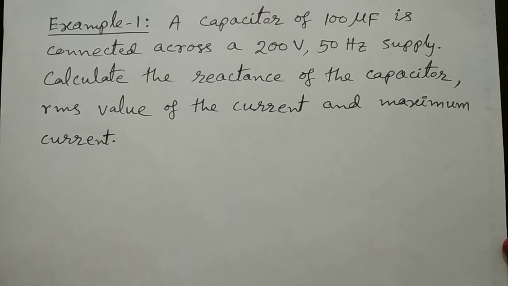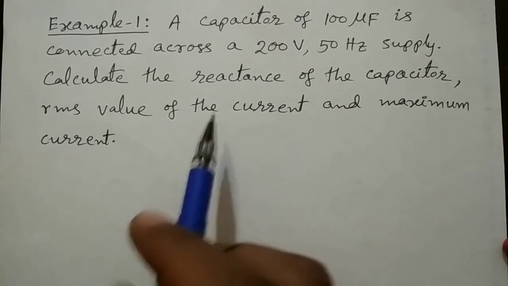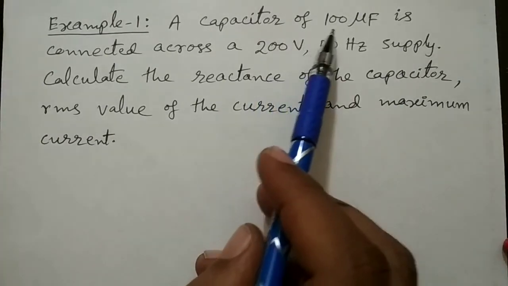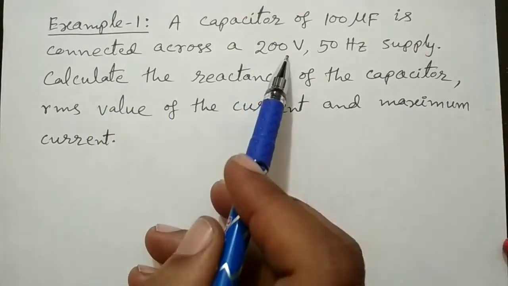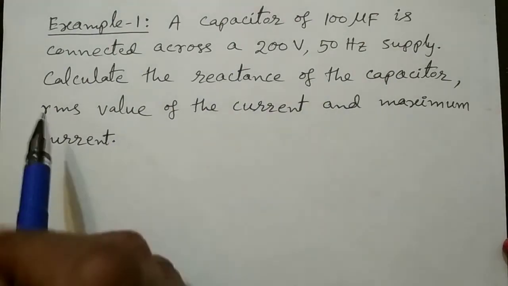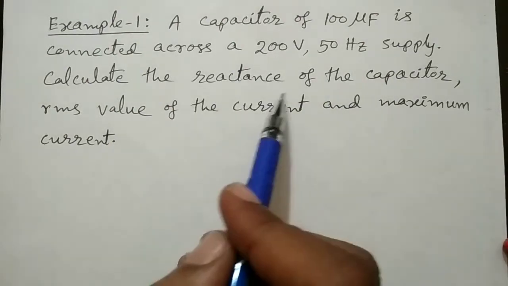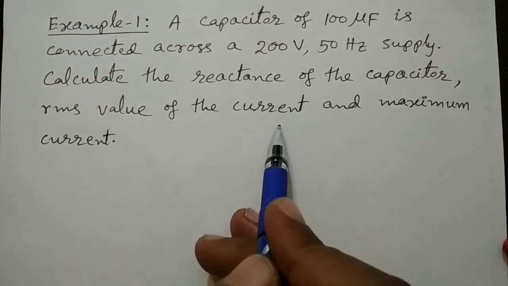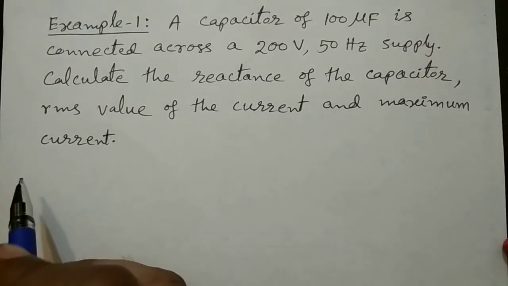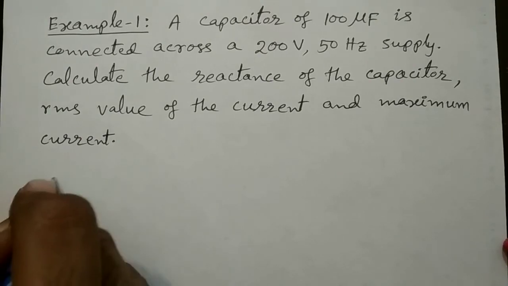Let's see the example. The question is, a capacitor of 100 microfarad is connected across a 200 volt 50 Hz supply. Calculate the reactance of the capacitor, RMS value of the current, and the maximum current. So let's see the solution.